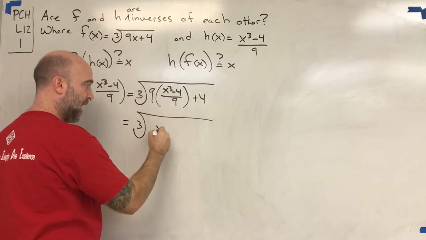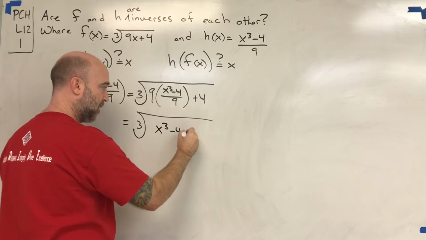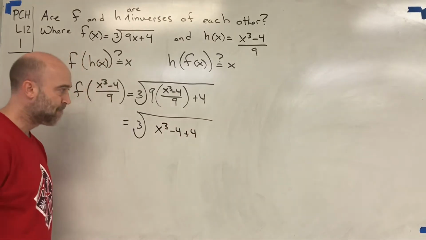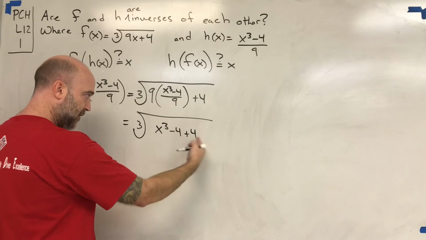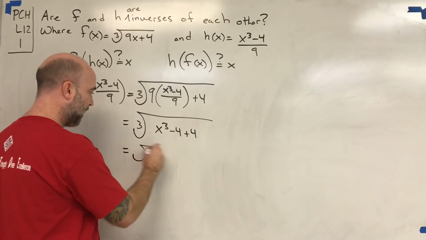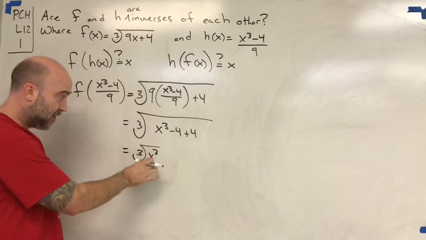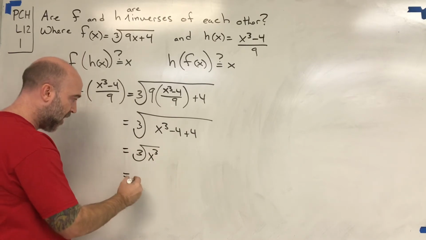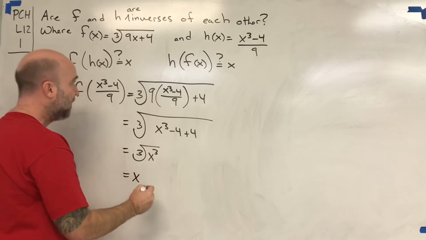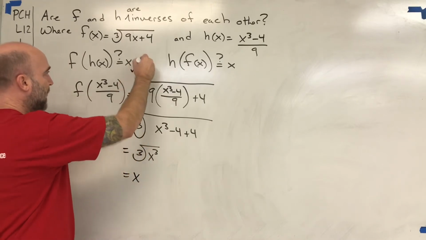So I'm left with x cubed minus 4 plus 4, and these reduce out, and it equals the cube root of x cubed. Those are inverse operations of each other, and we are left with just x. So this one is okay.